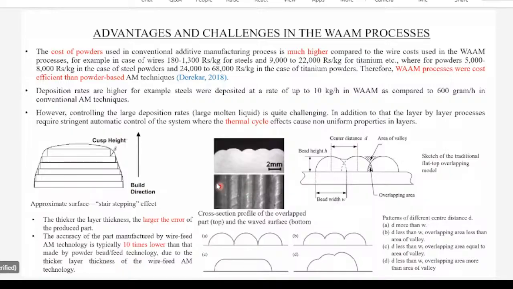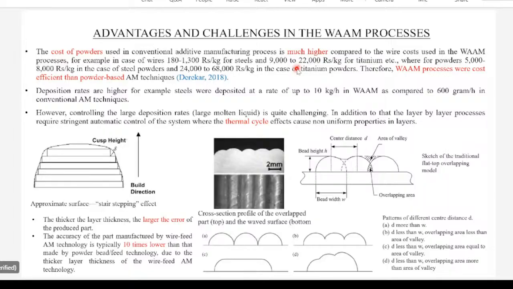For example, 1 kg of steel wire costs about 180 to 1300 rupees per kg, and titanium is 9,000 to 22,000 per kg. This is for wires. The powders are too expensive. It is like 5,000 to 8,000 per kg for steel, and 24,000 to 68,000 rupees per kg for titanium powders.